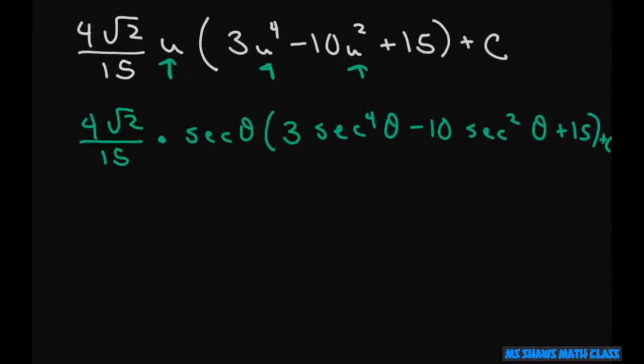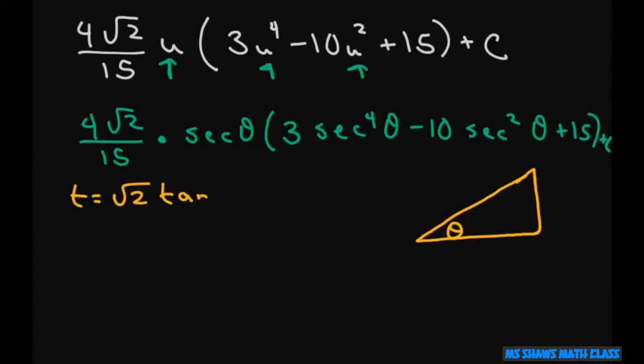Now, don't forget, let's do our right triangle here and figure out what we're going to put for secant, because we still have to get back to t. Remember, we let t equal square root of 2 tan of theta. So tan of theta equals t divided by square root of 2. Remember, tan is opposite over adjacent.